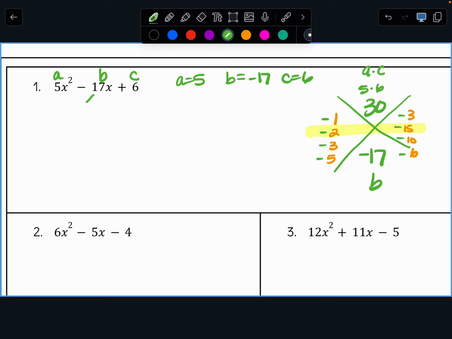So we come up here and make that negative 2x minus 15x. So I have 5x squared minus 2x minus 15x plus 6. So what can I divide the first two terms by? I can divide this by x. And I can divide these by negative 3.